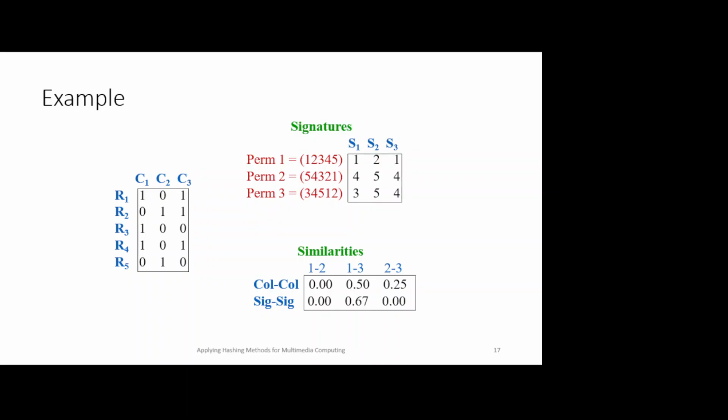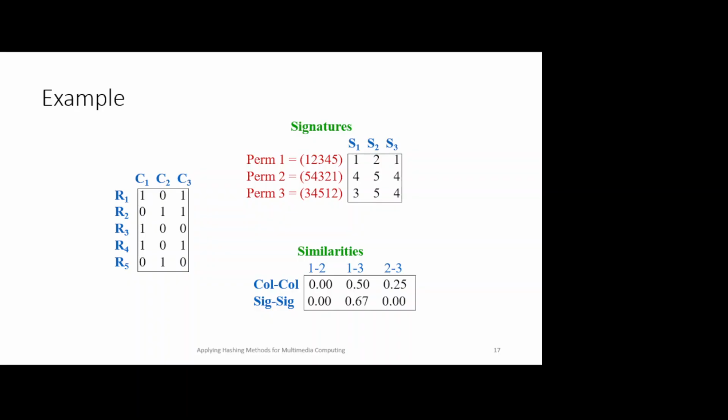Let's check the first document and the third document. For C1 and C3, what is the Jaccard similarity? You see, R1 is the same, and R4 is also the same. So their similarity should be 0.5, because we only count 1,1 and 1,1.